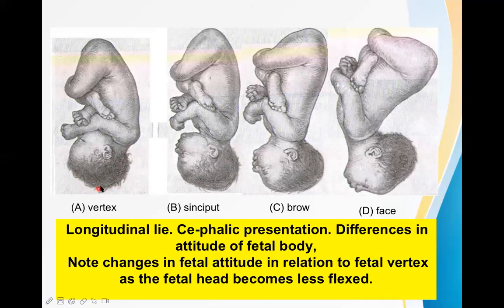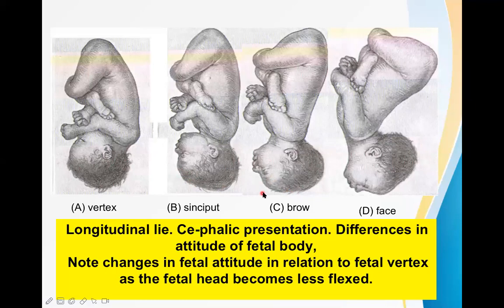Vertex presentation means the top of the skull is the presenting part. This area is sinciput, from the vertex till the forehead. The presenting part is the sinciput here.